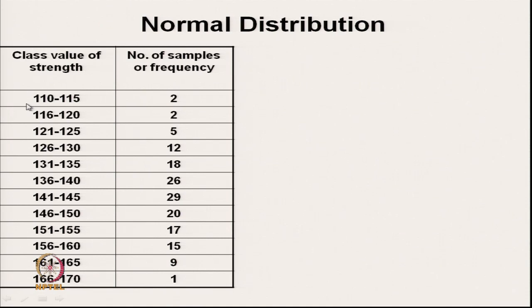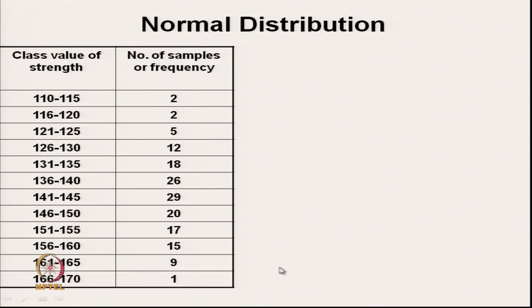So, the strength varies from 110 to 170. For 110 to 115, the frequency, that is the number of samples we have got, say 2; 116 to 120, another 2, like that. So, we can form a table.